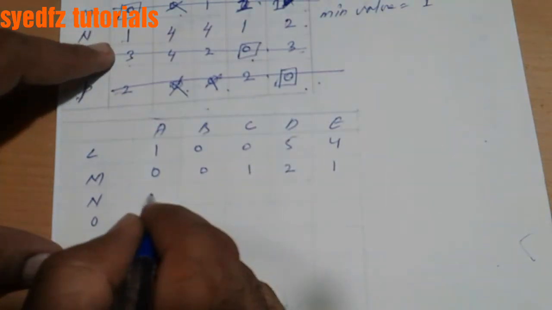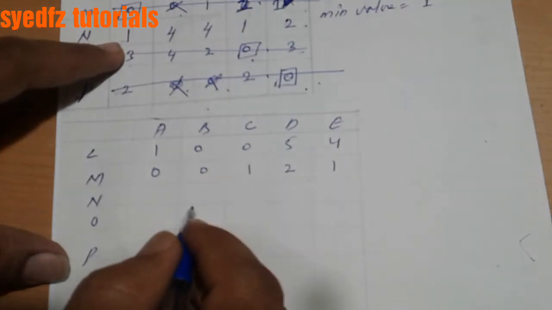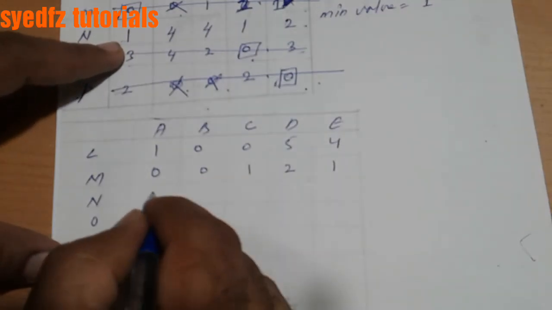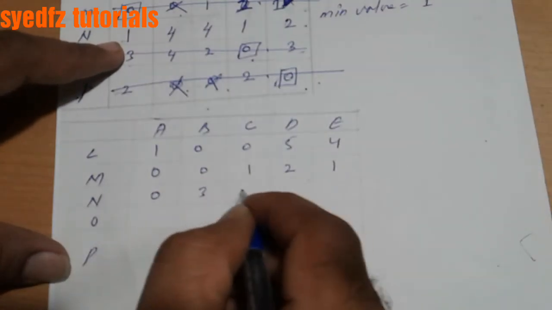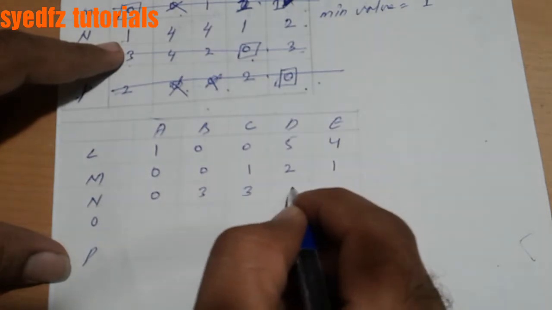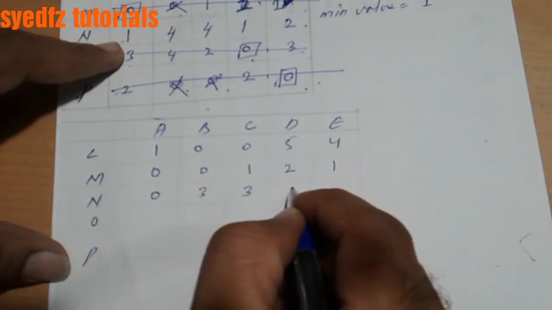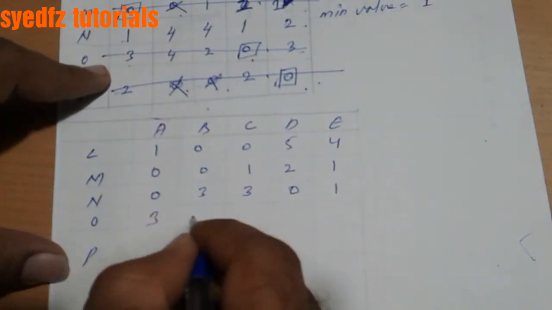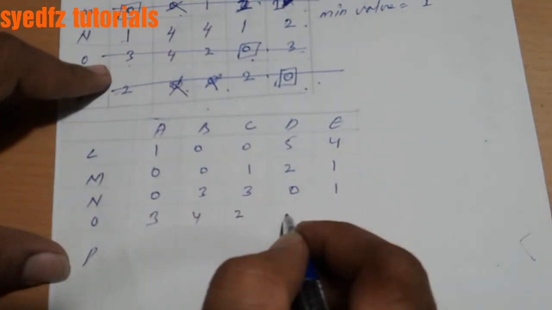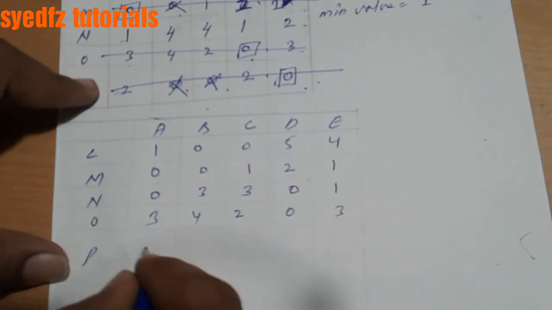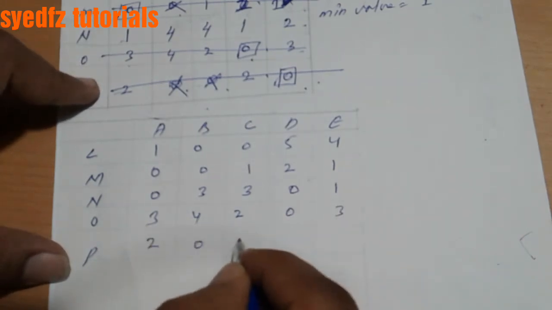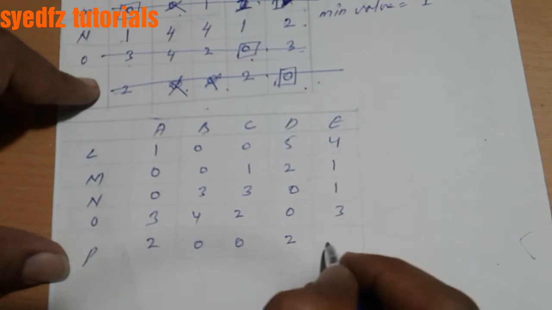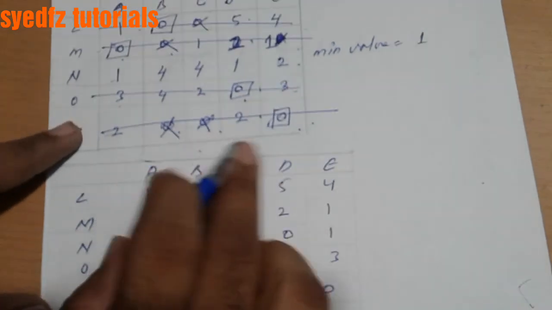Here 1 minus 1, minimum value is 1, so 1 minus 1 is 0. 4 minus 1 is 3, 4 minus 1 is 3, 1 minus 1 is 0, 2 minus 1 is 1, 3 4 2 0 3. This is a line passing, so take as it is. Line passing, so take as it is.